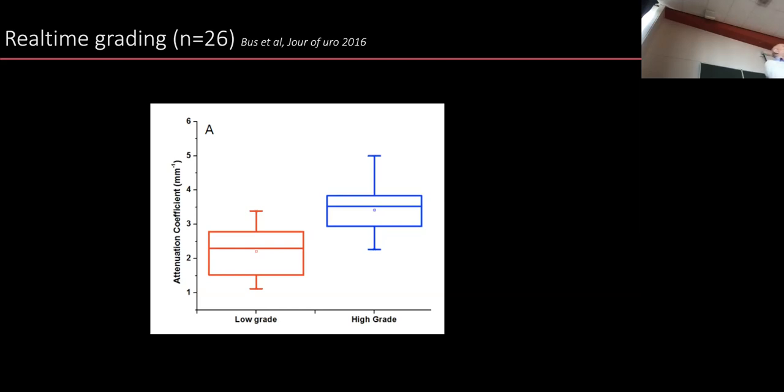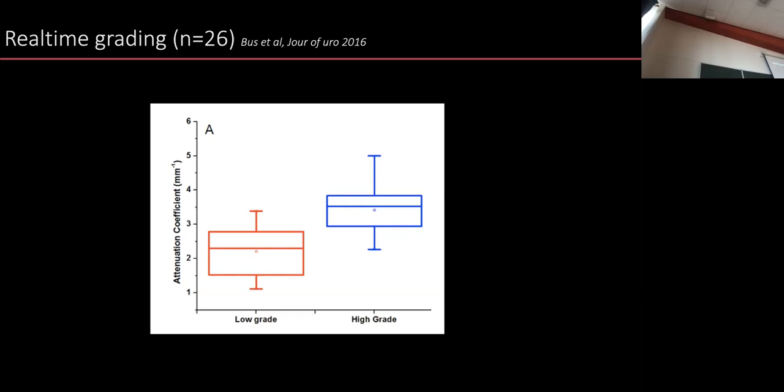And you can imagine that if that's the case, light scattering in a very aggressive cell group is different compared to a low aggressive cell group, where things are organized and structured more like the normal situation. So looking at the attenuation coefficient in low-grade compared to high-grade, highly aggressive lesions showed us that we can actually say something about it.